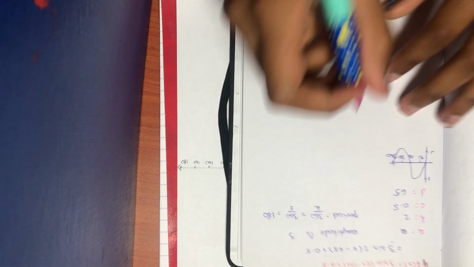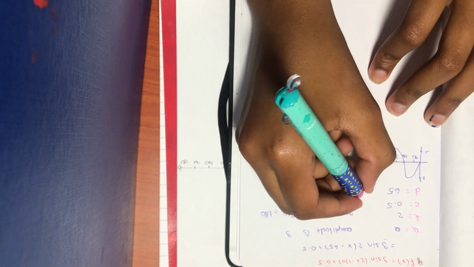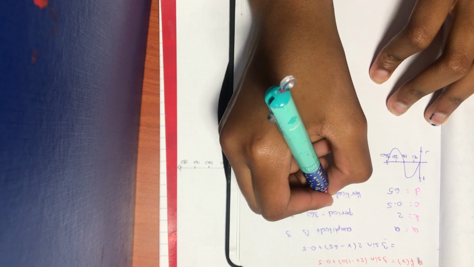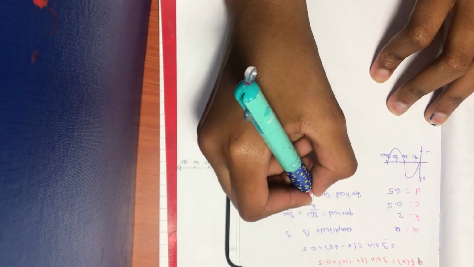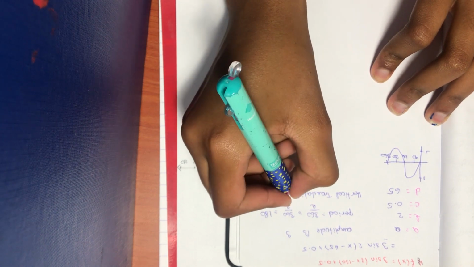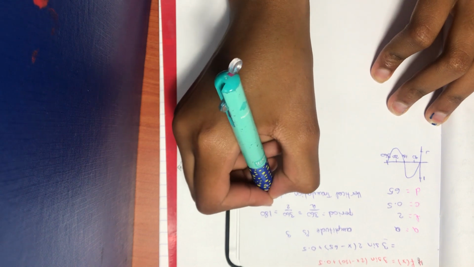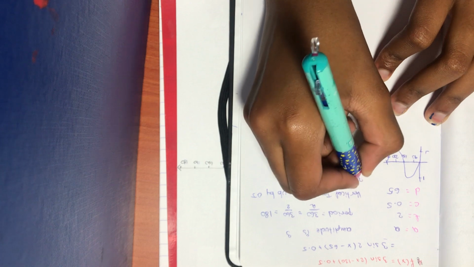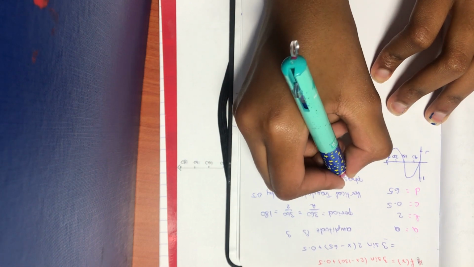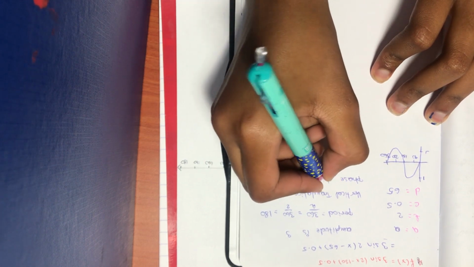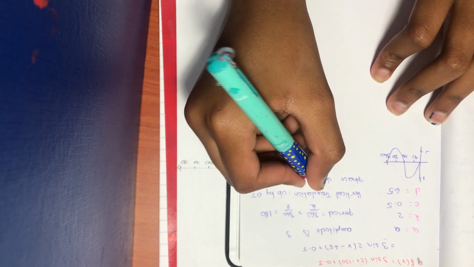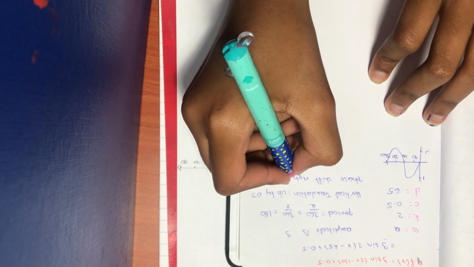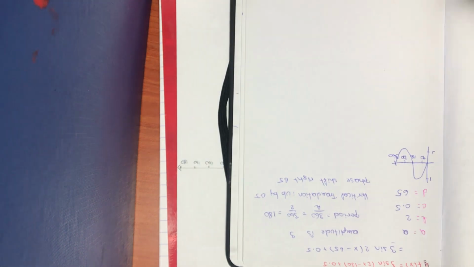And then I know there's going to be a vertical translation up by 0.5, and then a phase shift to the right, because it's a negative, by 65.